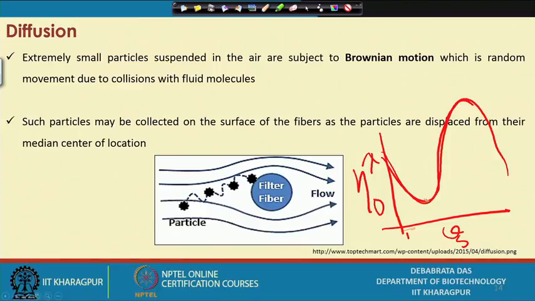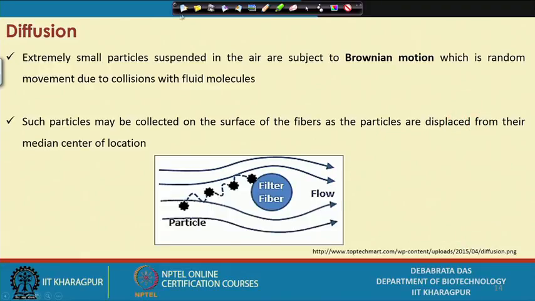So, we find it is like this. There are 3 different parts, 1, 2 and 3. Here particles are mostly collected due to the process of diffusion, here mostly due to the process of interception, and here mostly due to the process of inertial impaction.